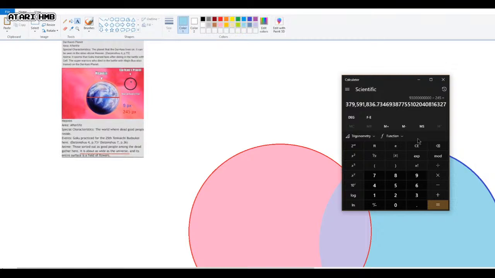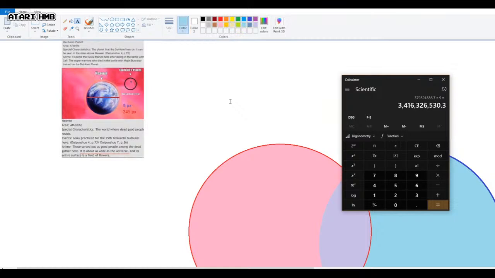That's 379 million, so bare minimum about that. Then I multiply by 9. So the Daikyo planet, by this definition, is about 3.4 billion light years. And it doesn't look like it is.